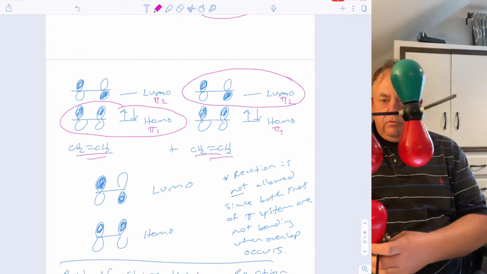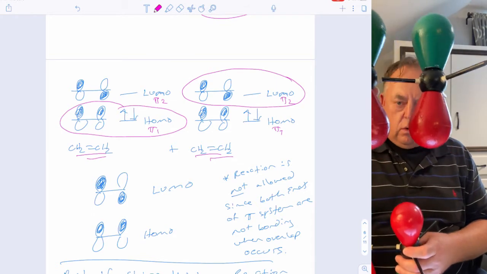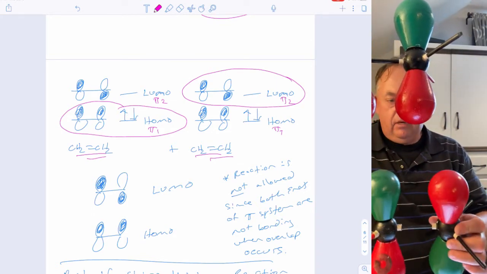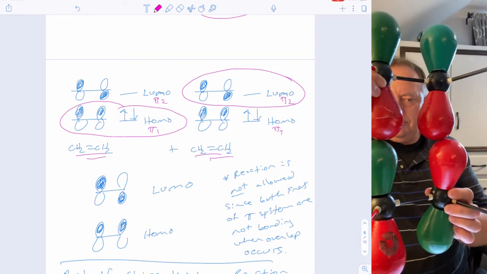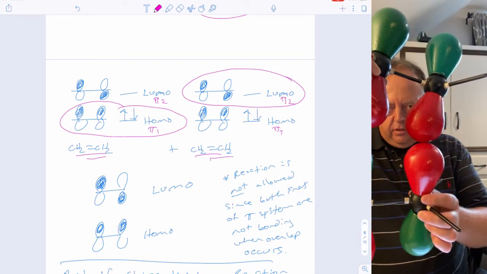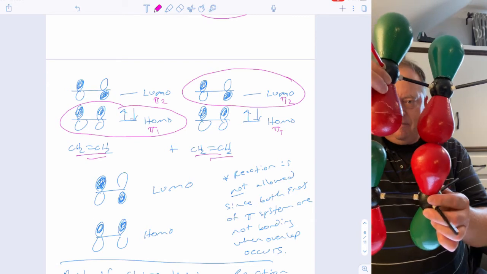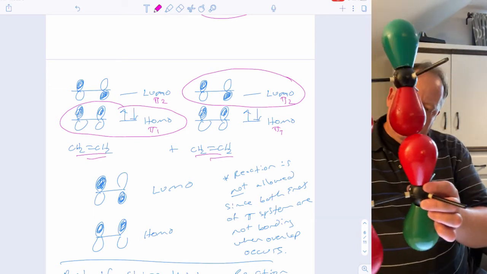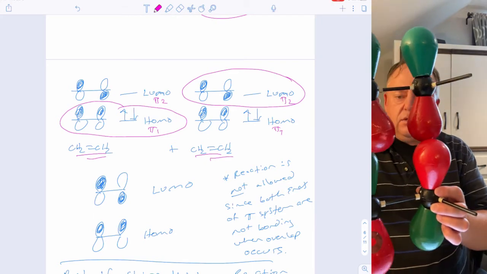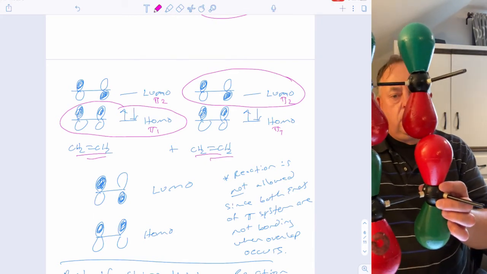This would be the highest occupied molecular orbital for one, and this would be the lowest unoccupied molecular orbital for the other. And if we let them approach each other top to bottom, then you can see these 2 match. They're both in the same phase, but these 2 don't match. They're out of phase. So there's no constructive interference overall, so that reaction would not be predicted to work.